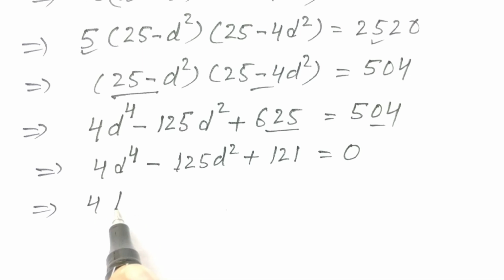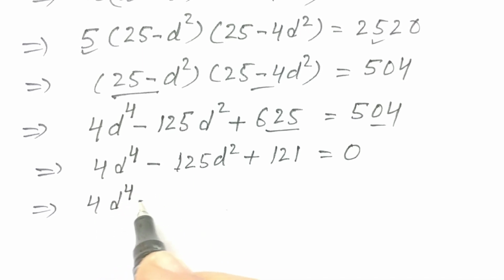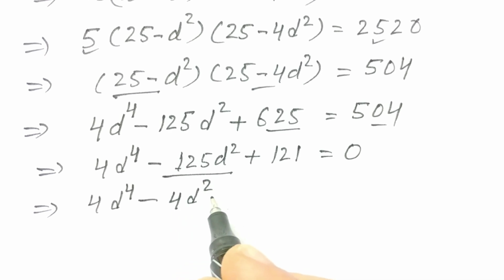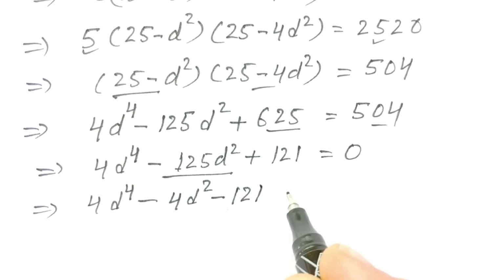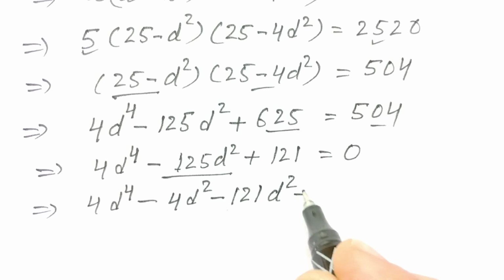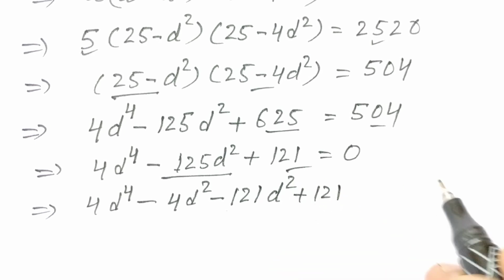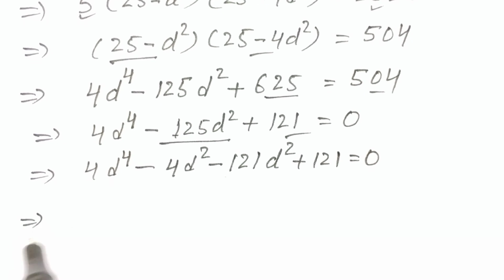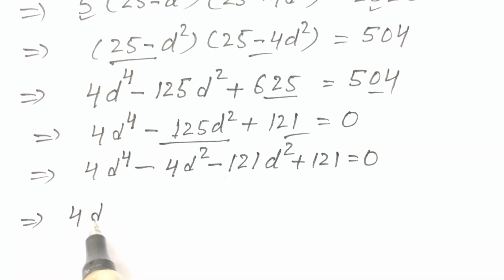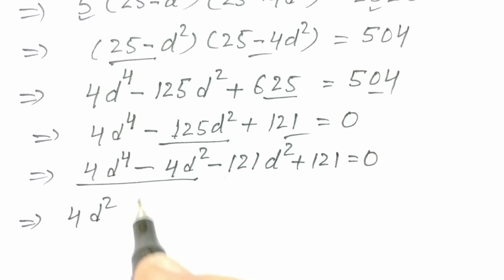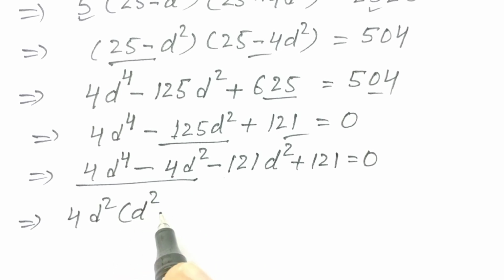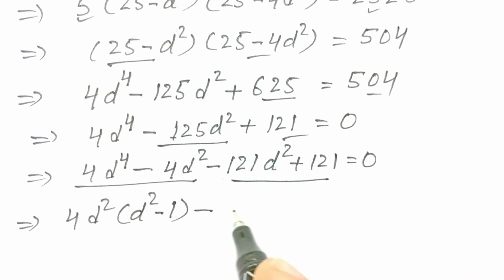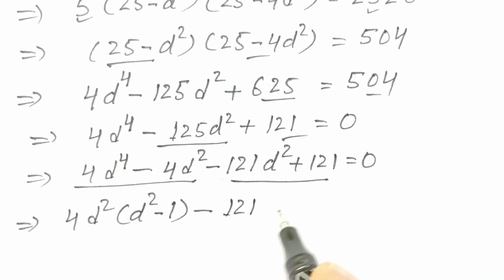Now 4d to the power 4 minus, if we break this as 4d square minus 121d square plus 121, this is equal to 0, right? If we take 4d square as common, d square minus 1 minus here 121 as common.